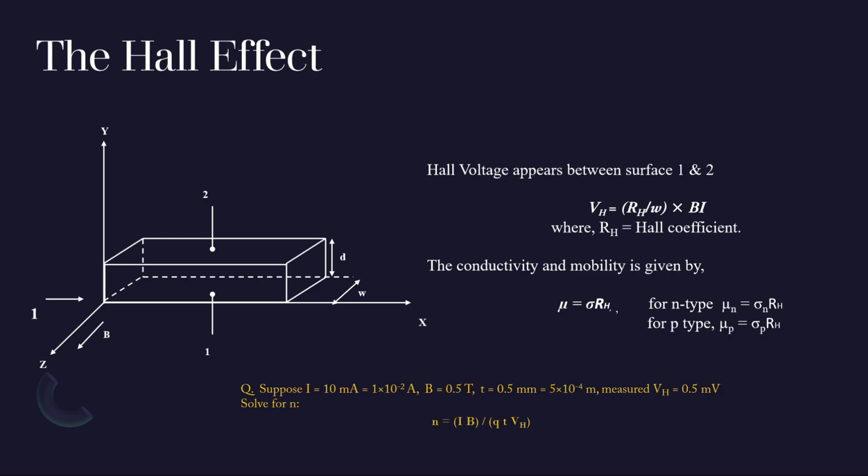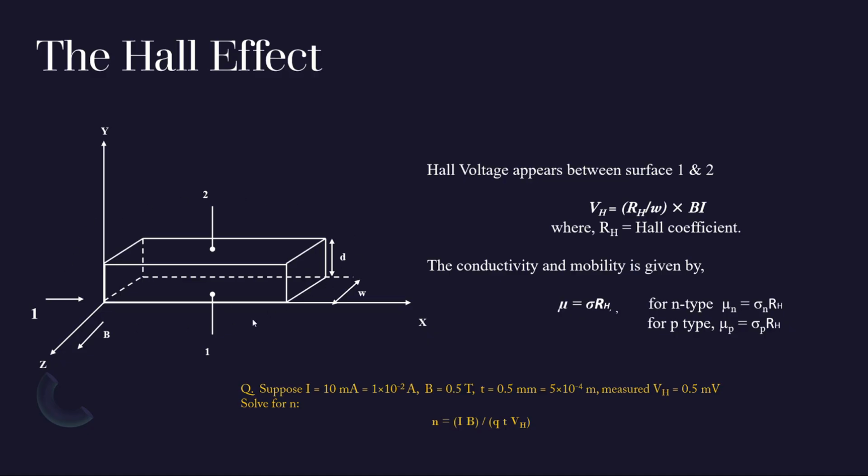The Hall effect states that when a transverse magnetic field B is applied to a specimen, considering a thin strip of metal or semiconductor carrying current I, an electric field is induced in a direction perpendicular to both the current and the magnetic field. This phenomenon is called the Hall effect.